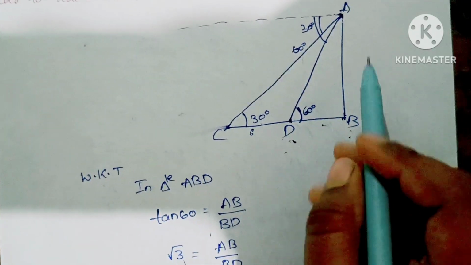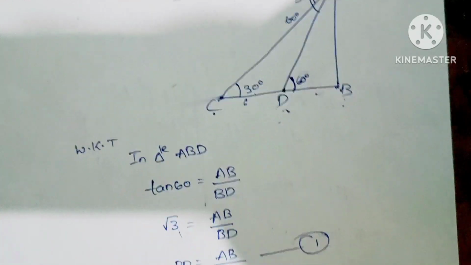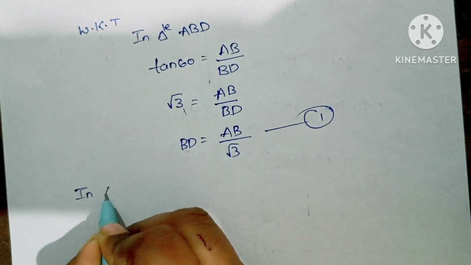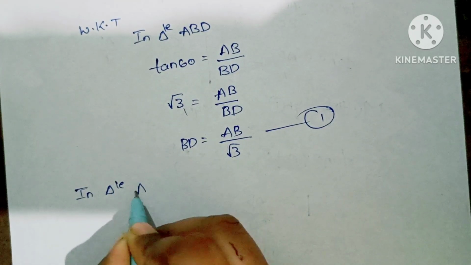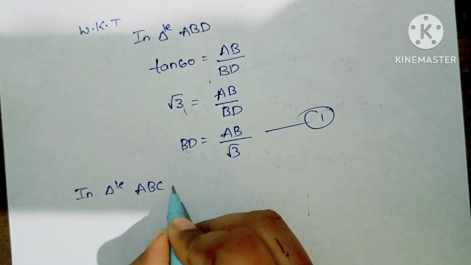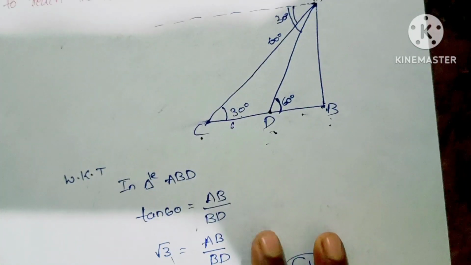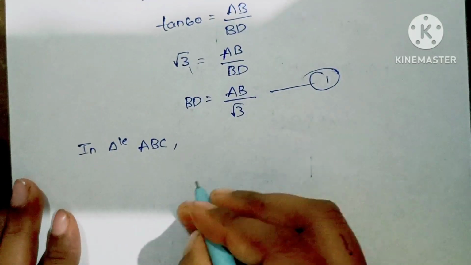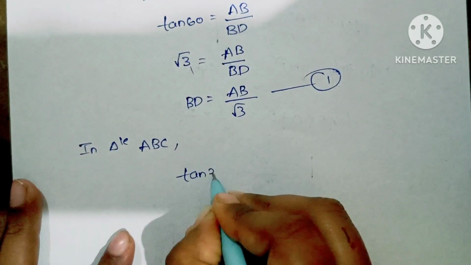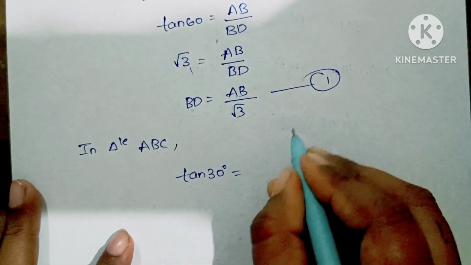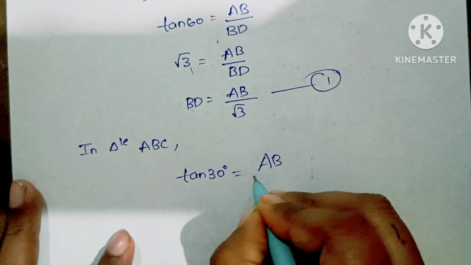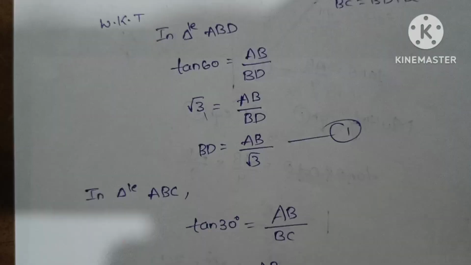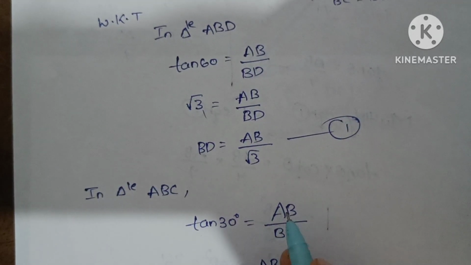Now what will you take? The full triangle ABC. Okay. In triangle ABC, in the full triangle, this angle how much? 30 degrees. That means tan 30 degrees equal to opposite side AB by adjacent side BC. So tan 30 equal to AB by BC.